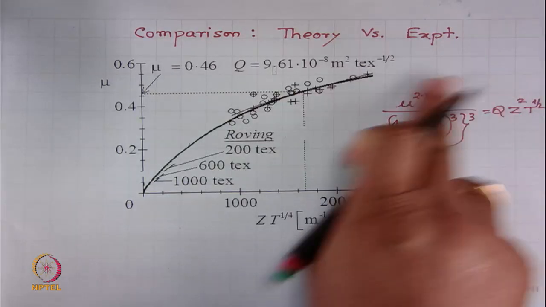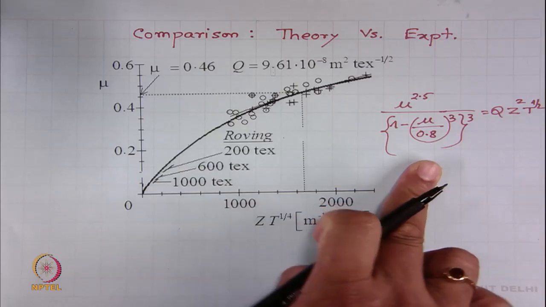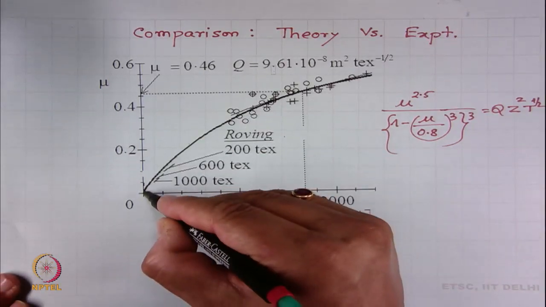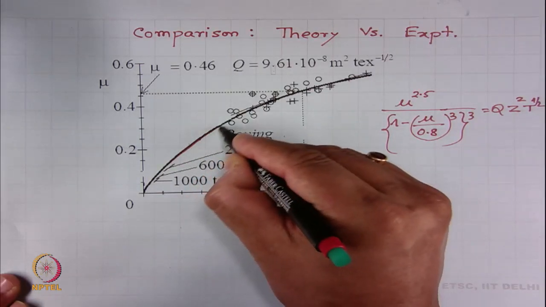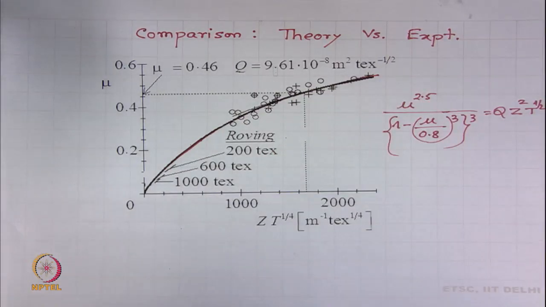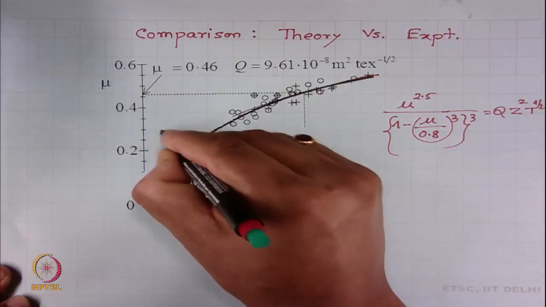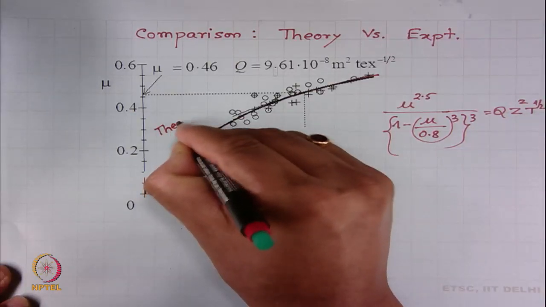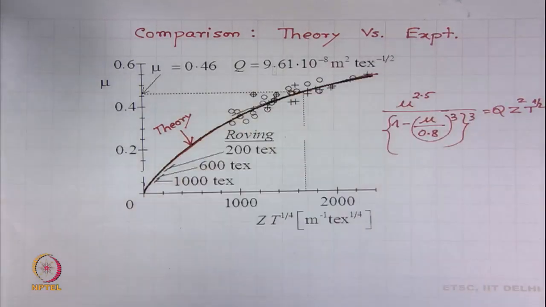Then this equation was solved and we found out different values of mu. This solid thick black line was obtained from theory and all these are experimental points.